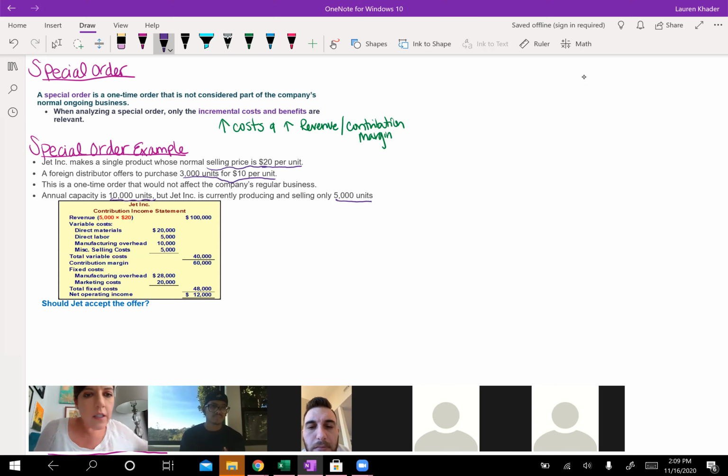So first things first is we need to figure out if this selling price that this guy is offering us, $10 per unit, is enough to cover the expenses that we're going to incur. So if we produce more units, what costs will increase?